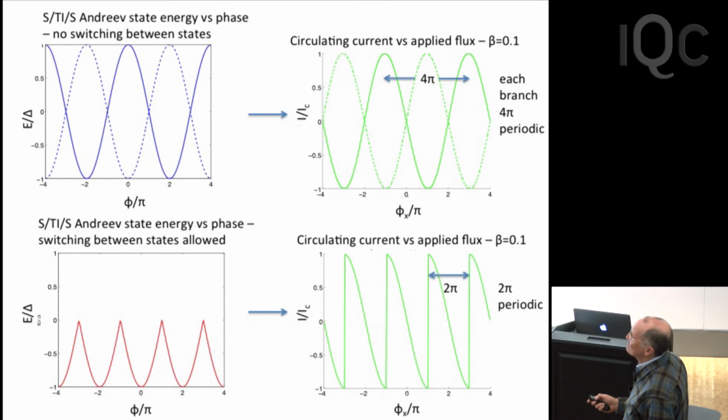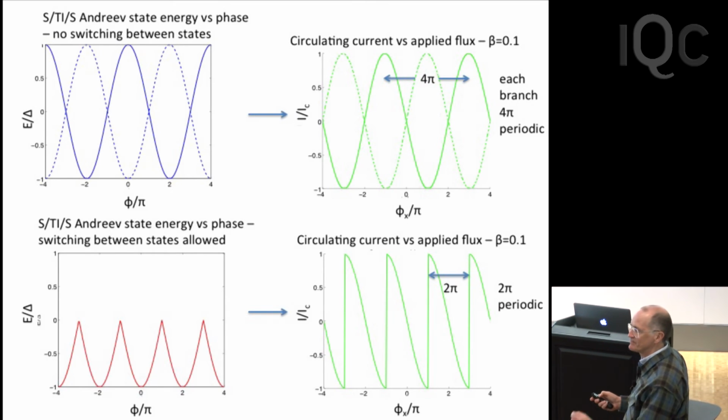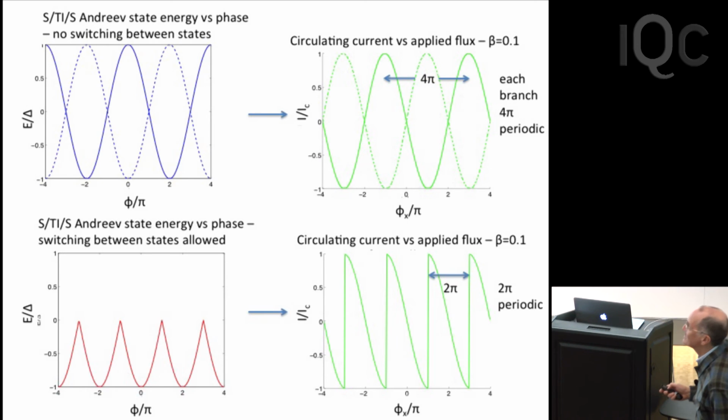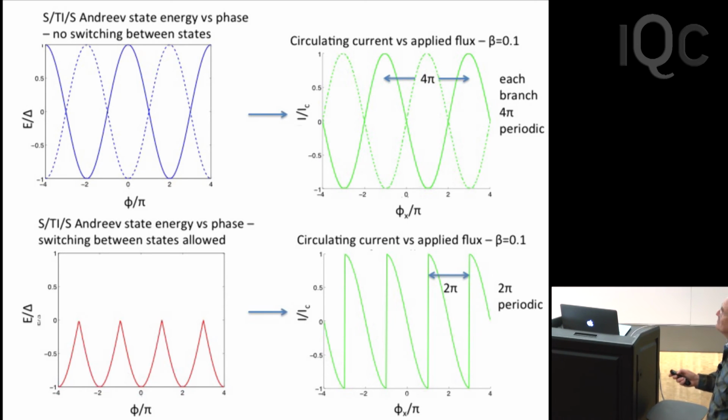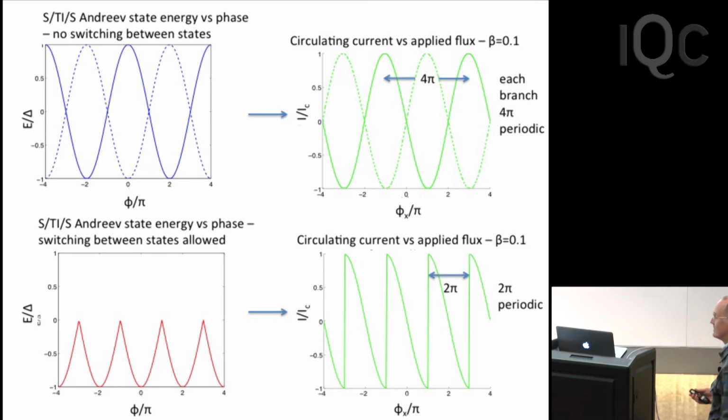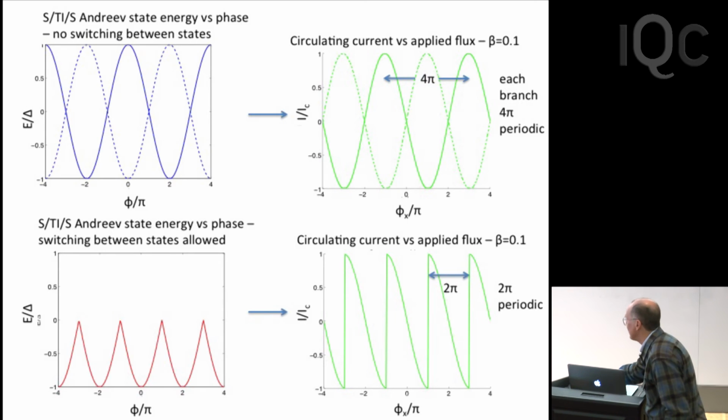If, as seems more likely, you can have switching, maybe thermally excited switching or from noise or something, then the energy phase relationship should follow the lowest allowed one, and you recover something that's 2 pi periodic, but it's asymmetric. And it's that asymmetry which is a possible signature of Majorana bound states.